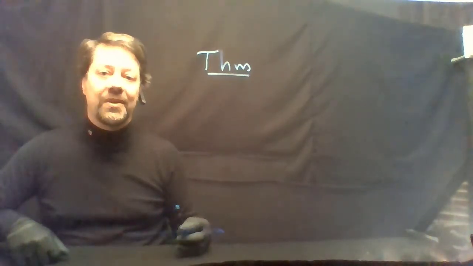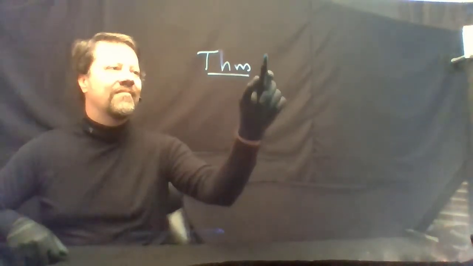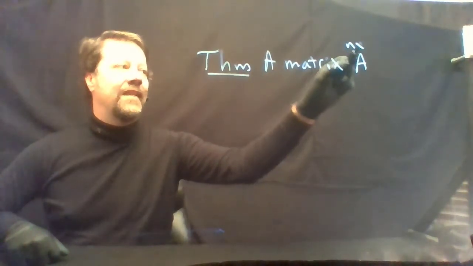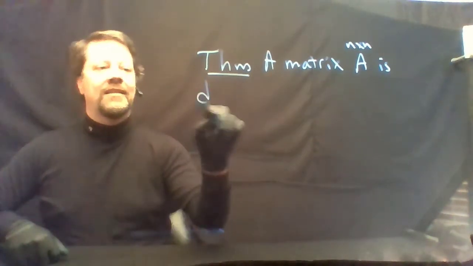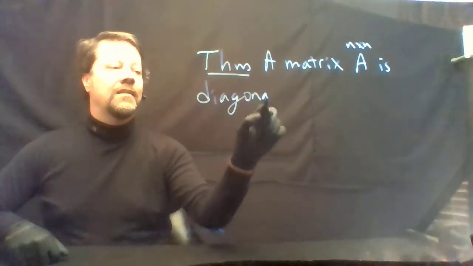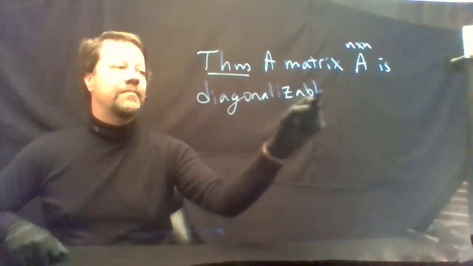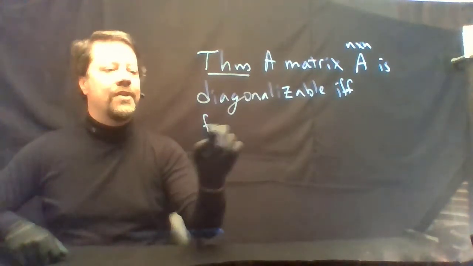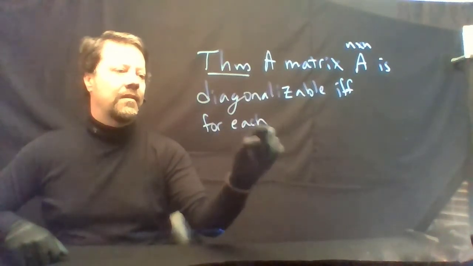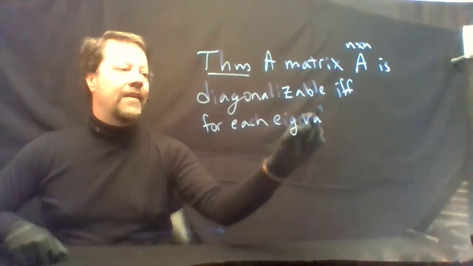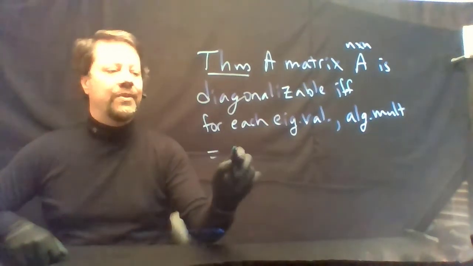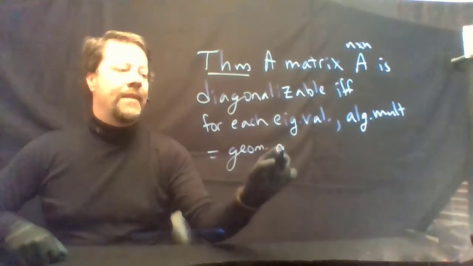We'll state the following theorem without proof, leaving it for an upper division course in linear algebra. A square matrix A is diagonalizable if and only if, for each eigenvalue, the algebraic multiplicity is equal to the geometric multiplicity.